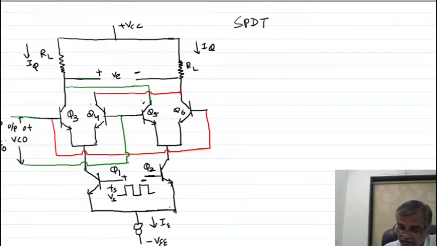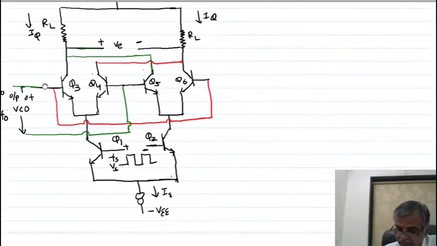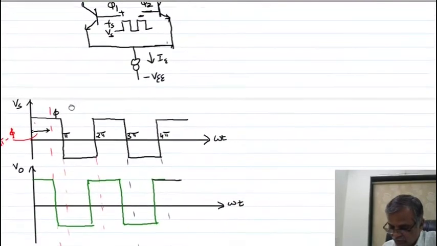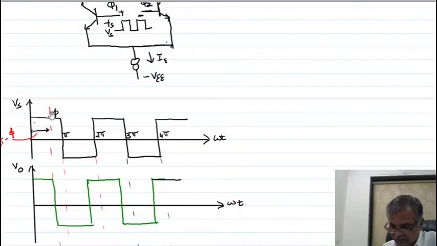Now see the timing diagram of the input and output waveforms during the phase phi. There is a phase shift phi between the input signal Vs and Vo.